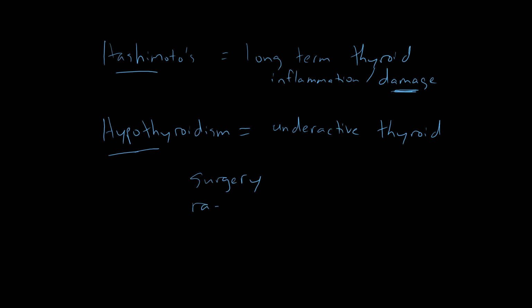If you've had radiation to the neck area, sometimes that may, we think, increase the chance of Hashimoto's, or it may also cause hypothyroidism through radiation-induced damage to the thyroid gland. And in other cases, there may be rare genetic causes of hypothyroidism, but by far the most common cause of hypothyroidism is Hashimoto's. And when somebody has hypothyroidism without other apparent explanation, it can generally be attributed to Hashimoto's thyroiditis.